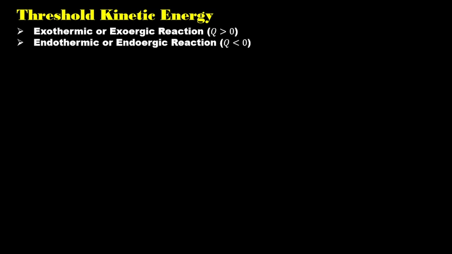Therefore, for a given nuclear reaction, the projectile must have a certain minimum kinetic energy for the reaction to take place. Because if the projectile has energy smaller than a certain value, then that kinetic energy may not provide the mass energy of the product particle.